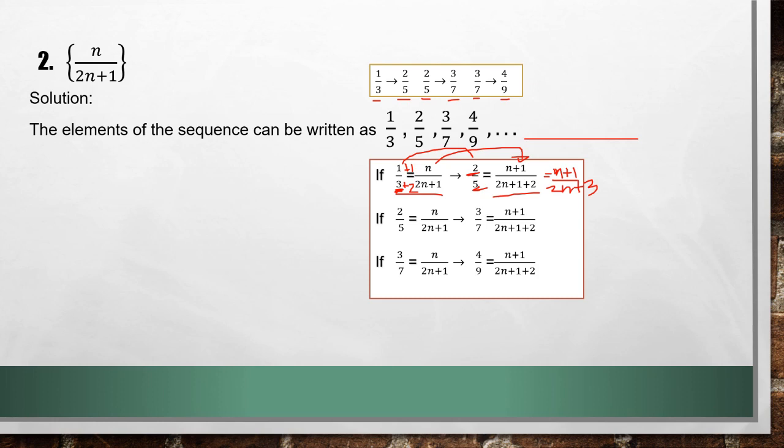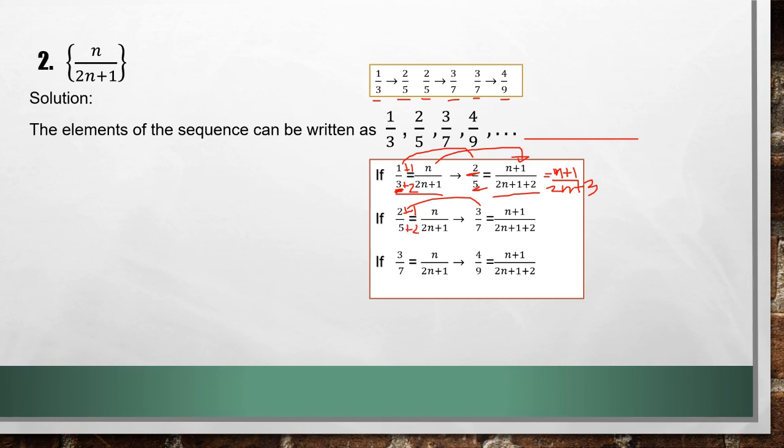Now let's see if this is the same for the rest of the sequence terms. So if 2/5 is equal to n over 2n plus 1, the next term of 2/5 is 3 over 7. For 2 to become 3, we can simply add 1. For 5 to become 7, we can simply add 2.